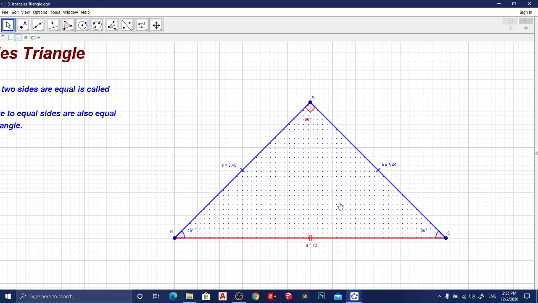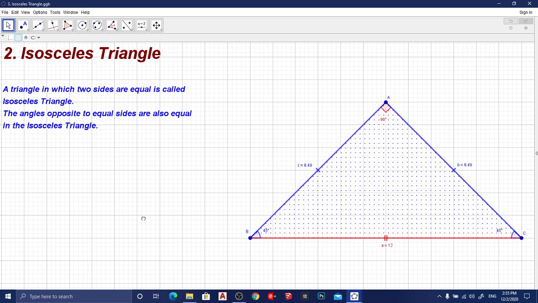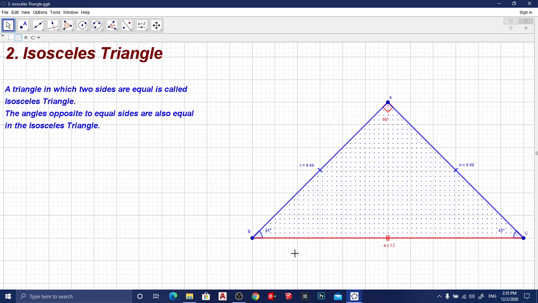That is the main important property of the isosceles triangle: the angles opposite to the equal sides are also equal. In this figure, this is 45 degrees, this is also 45 degrees. This is the isosceles triangle.